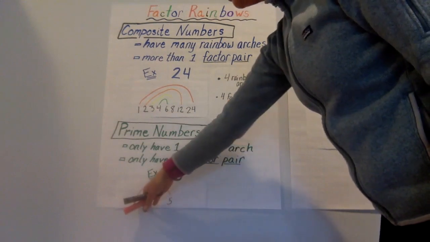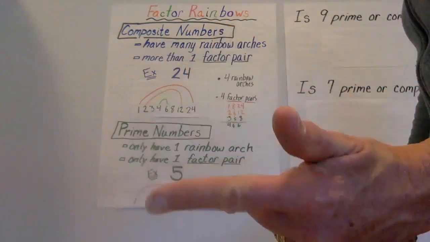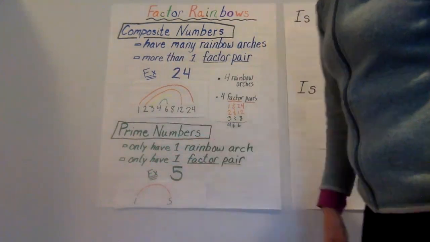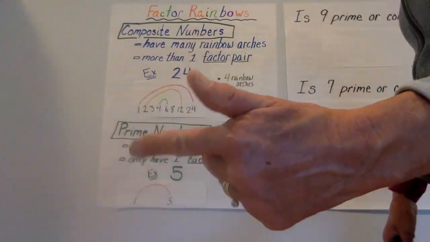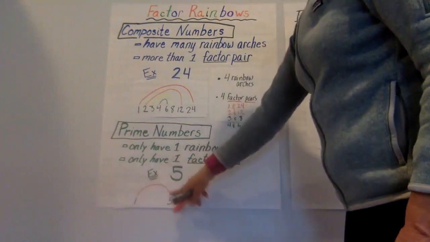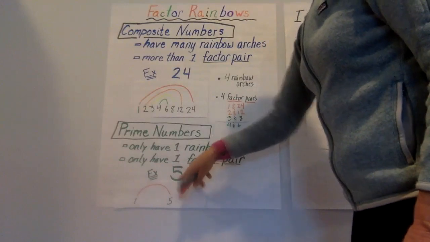Now I'm going to try 3, then 4, and then I'll be back at 5. So I tried 2, no. I'm going to try 3. 3, 6, no 5, so 3 isn't a factor of 5. I'm going to try 4. 4, 8, nope, I didn't hear 5. And now I'm back to 5. So I know this is the only rainbow arch for the number 5.